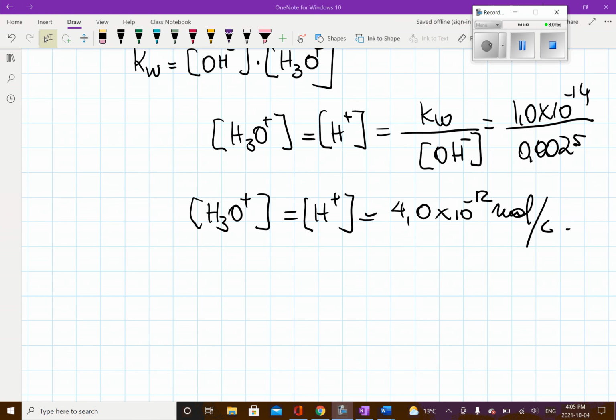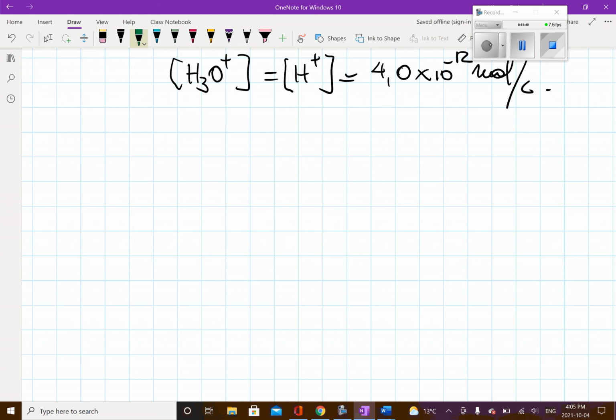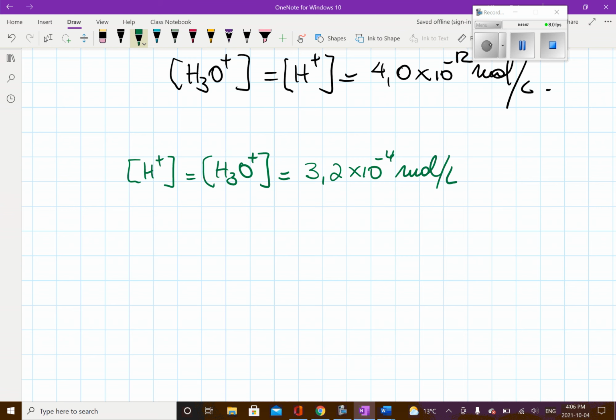Now let's do some examples calculating the pH or pOH. Let's suppose that the concentration of H plus, or hydronium, they are the same thing, in a bottle is 3.2 times 10 to the power of negative 4 moles per liter. Let's calculate the pH and pOH.